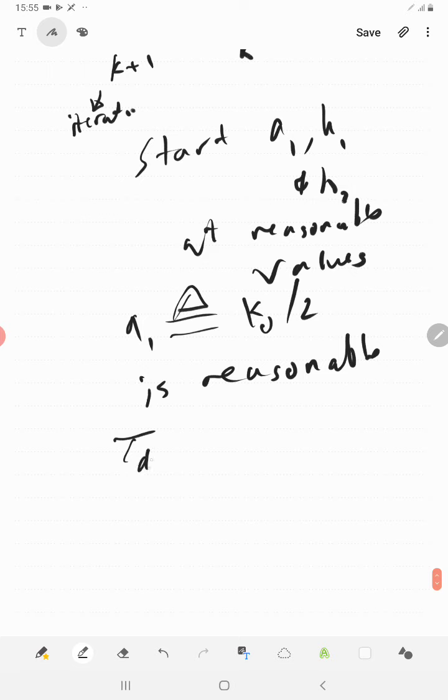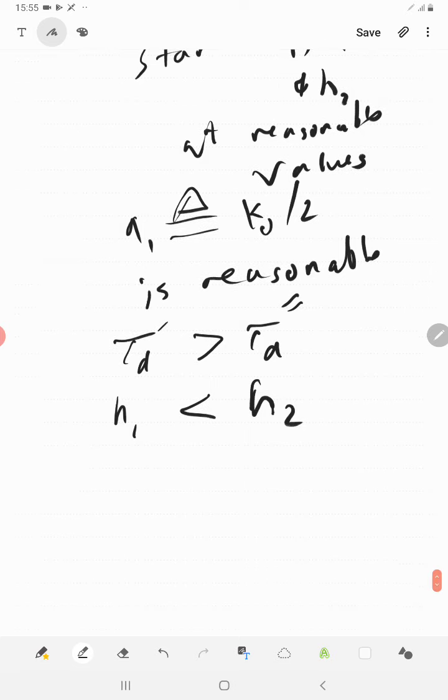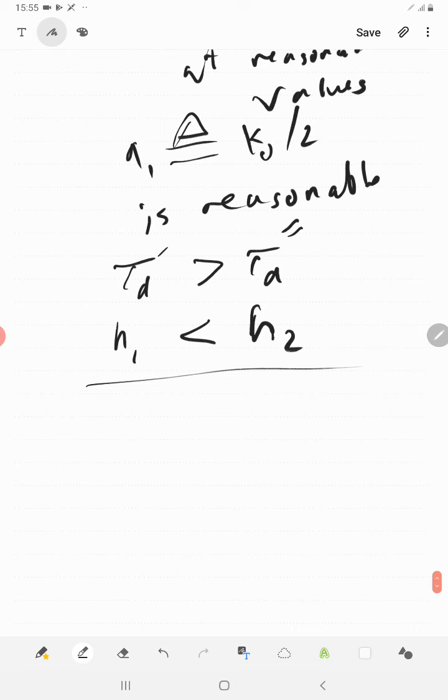Also, tau d transient is greater than tau d subtransient, so it means H1 is less than H2, because H is 1 over that. You can start with these values. I have designed a program, named it sync parameter.